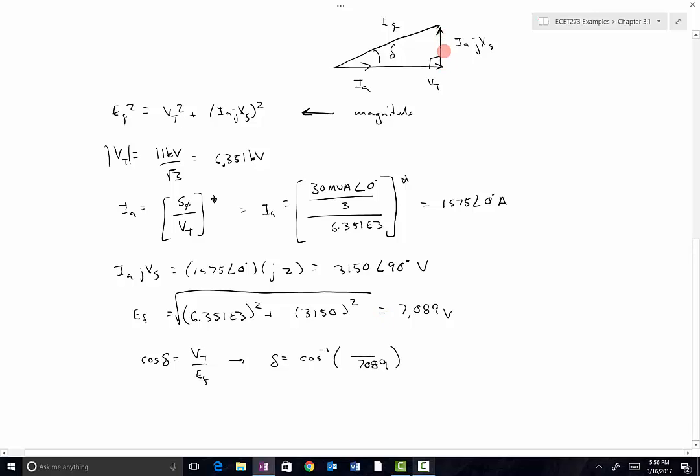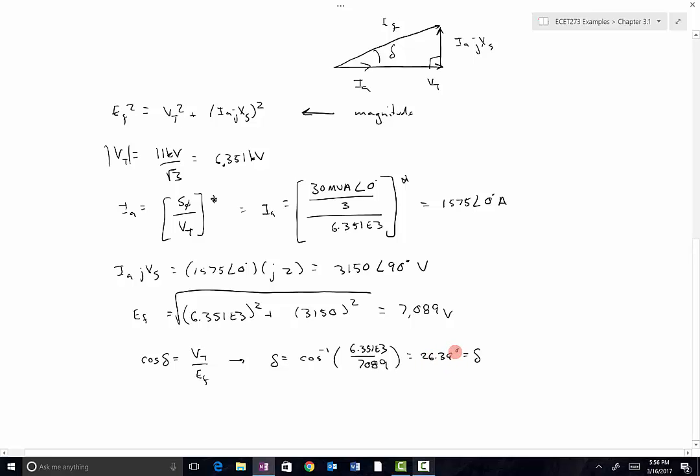That's this voltage here. We need 6.351 kV. There we go. 6.351 divided by 7.089. That's correct. So we take the inverse cosine of that, we get 26.39 degrees is equal to delta, the power angle.